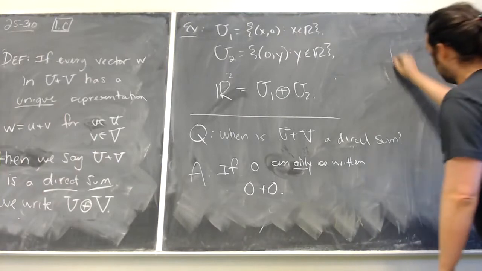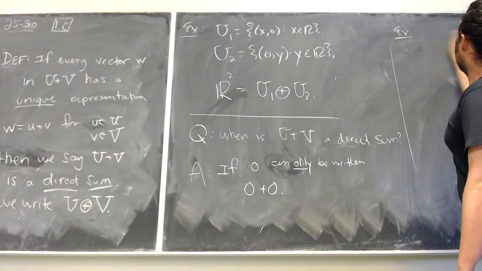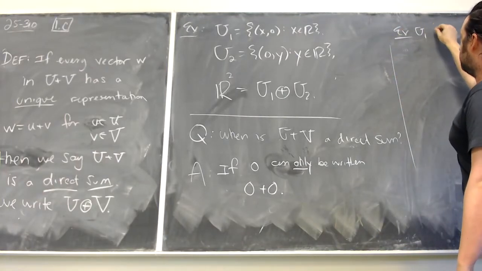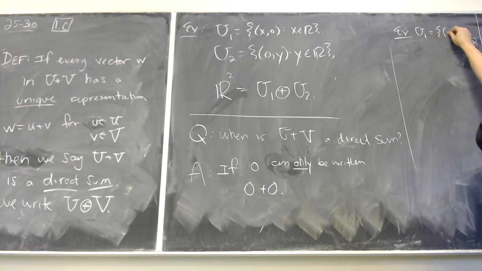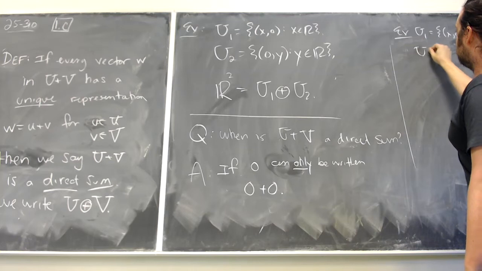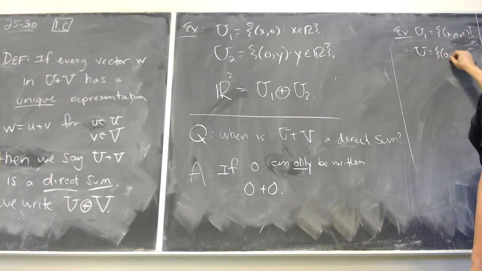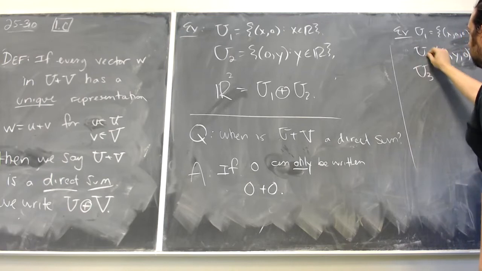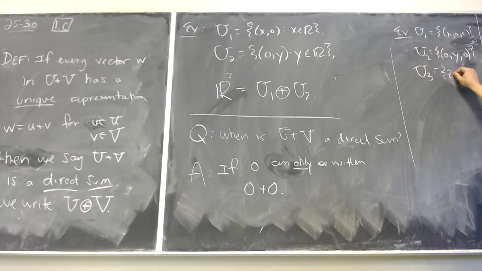For our example before, we had U1 being vectors of the form x, 0, 0, U2 being vectors of the form 0, y, 0, and U3 being vectors of the form z, z, 0. It's pretty easy to see that I can write 0 a couple of different ways.